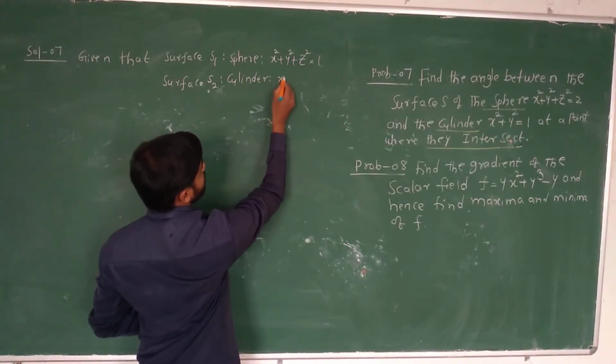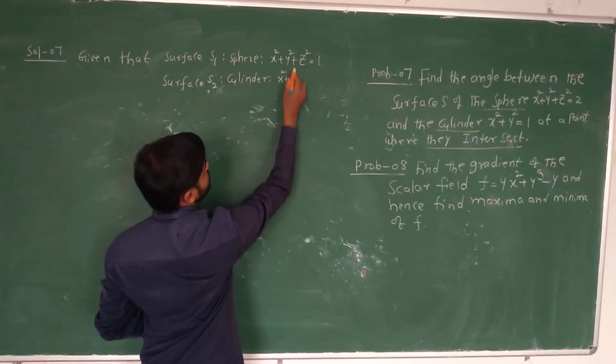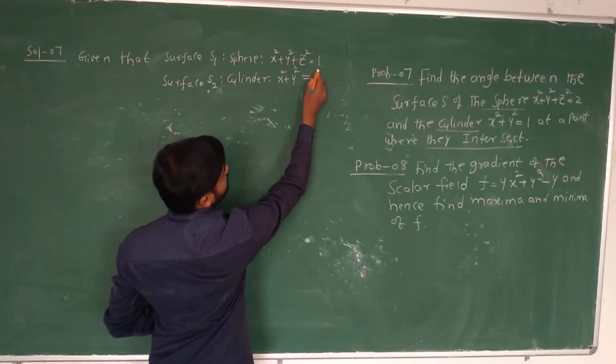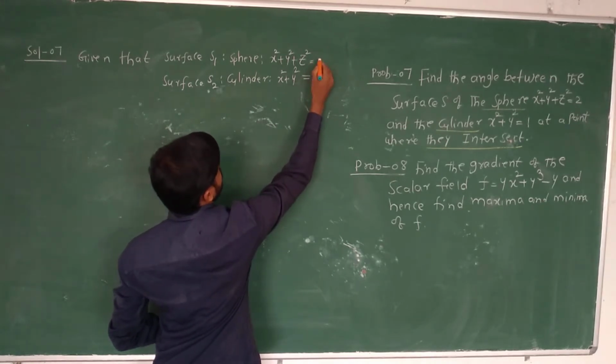Equation of the cylinder, x square plus y square equals 1. Sorry, the sphere's right-hand side is 2.